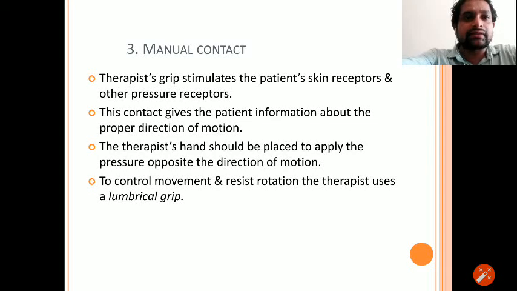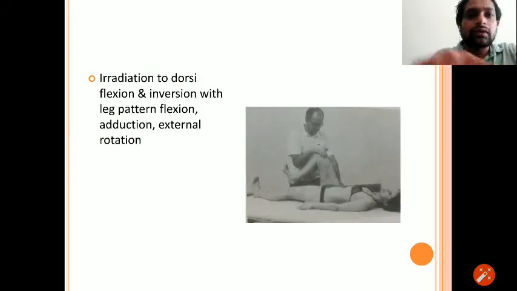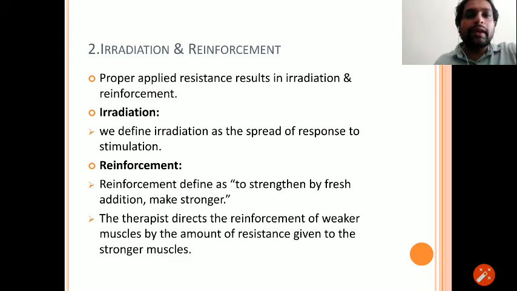We can discuss a simple example of irradiation: when you open a jammed door, and when you open a fresh door without any jam. Without a jam, it is easy to open the door just by using your wrist muscles or your hand muscles.